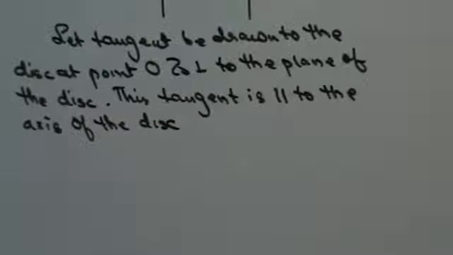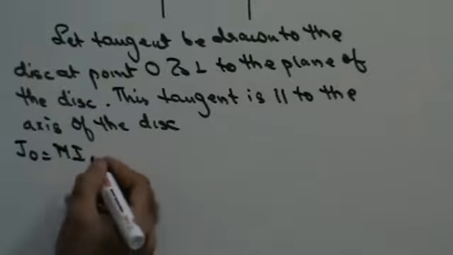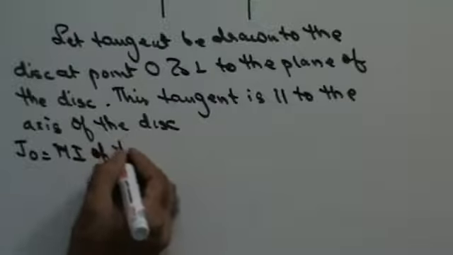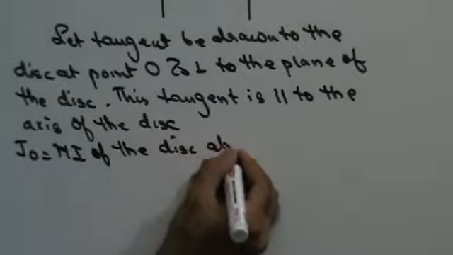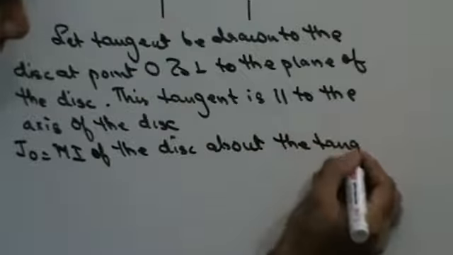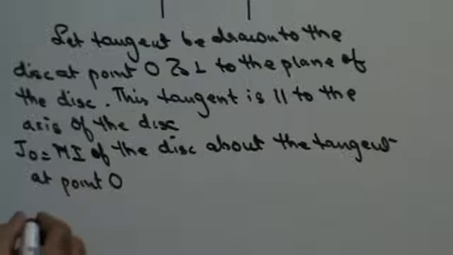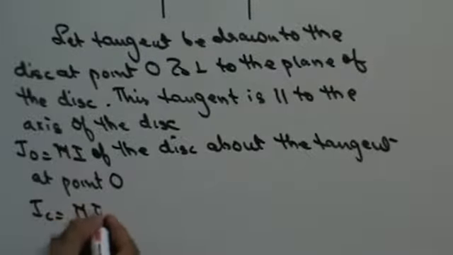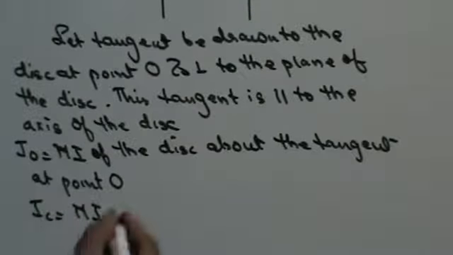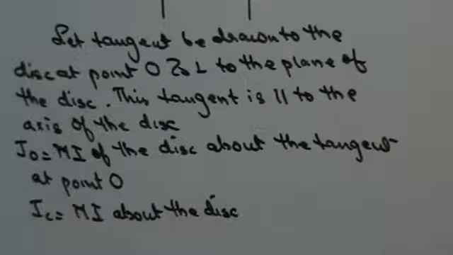Now let's assume that IO is the moment of inertia of the disc about the tangent at point O. Let's assume that IC is the moment of inertia of the disc about an axis passing through the center of the disc.